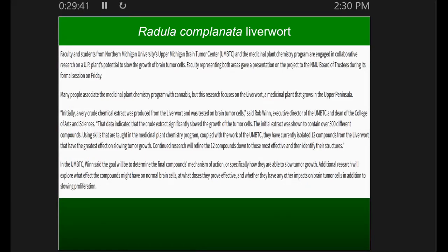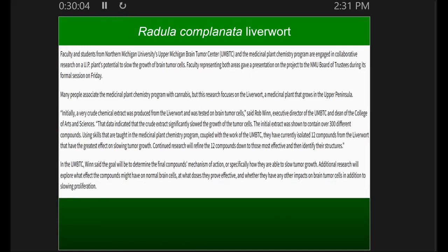You may or may not know that we have a brain tumor research center here on campus, the Upper Michigan Brain Tumor Center. Dr. Wynn, who is our dean of the College of Arts and Sciences, runs that program. He's doing work with Dr. Wilson and other people involved.